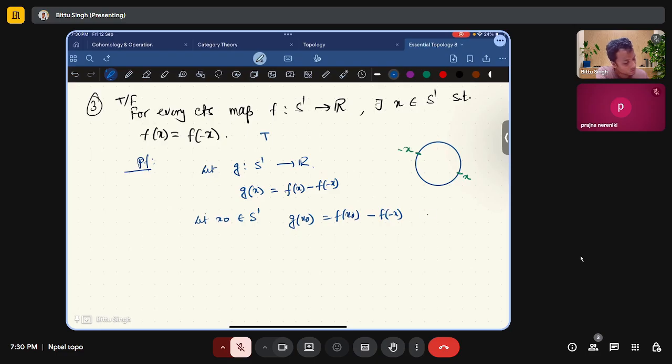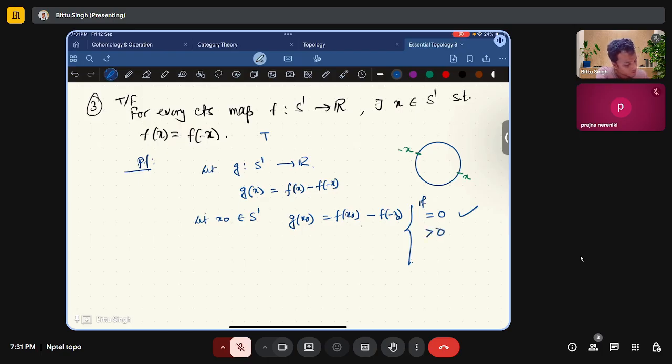If this is 0, then we are done. There are several cases. If the difference of f(x0) and f(-x0) is 0, then we have a point x0 such that f(x0) equals f(-x0). Then we are done.